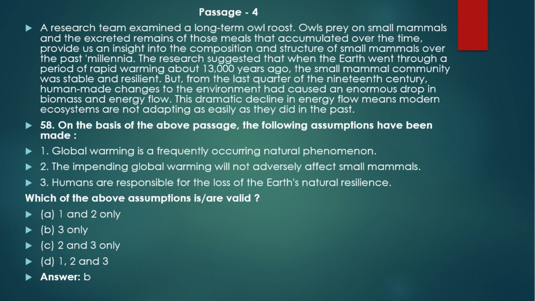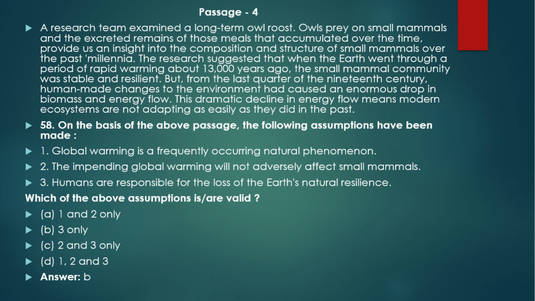The research suggested that when the Earth went through a period of rapid warming about 13,000 years ago, a small mammal community was stable and resilient.